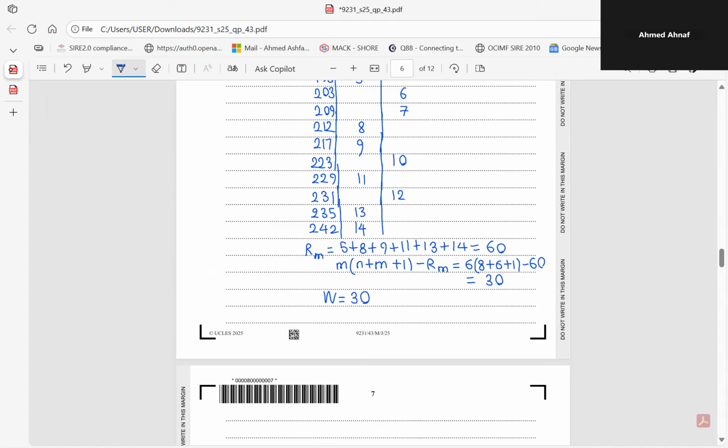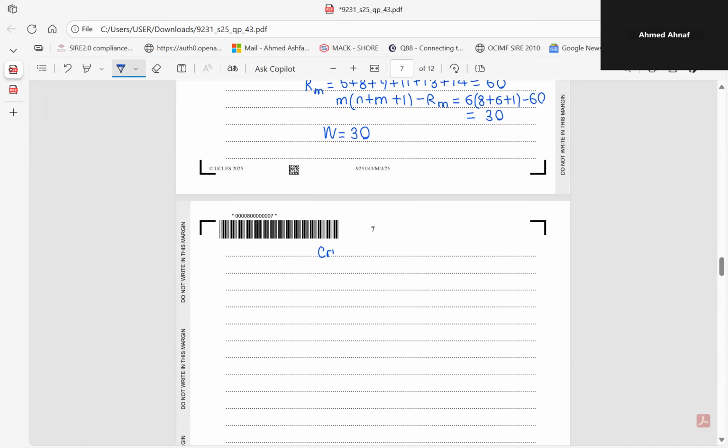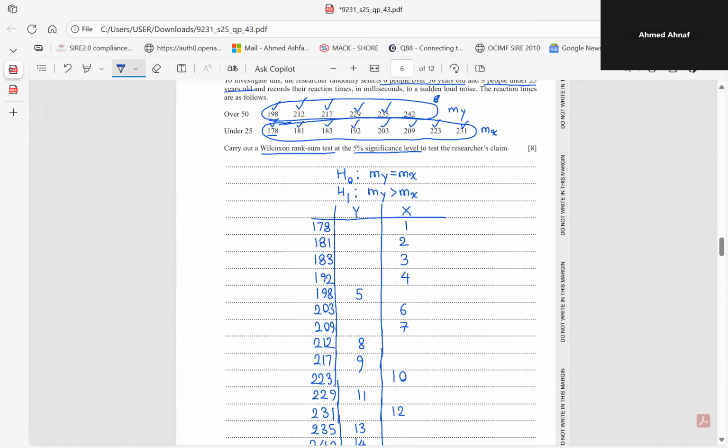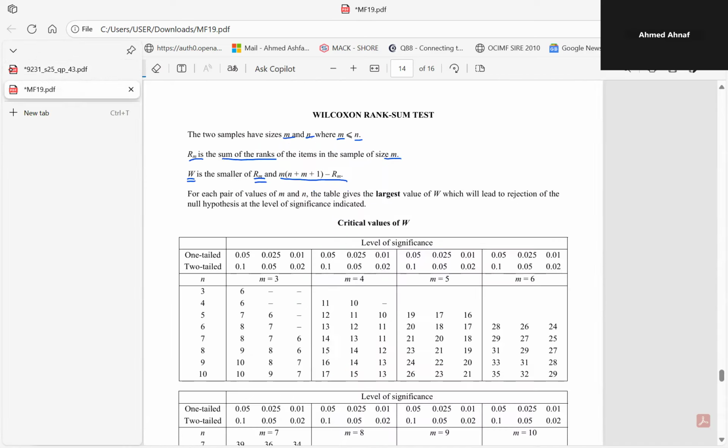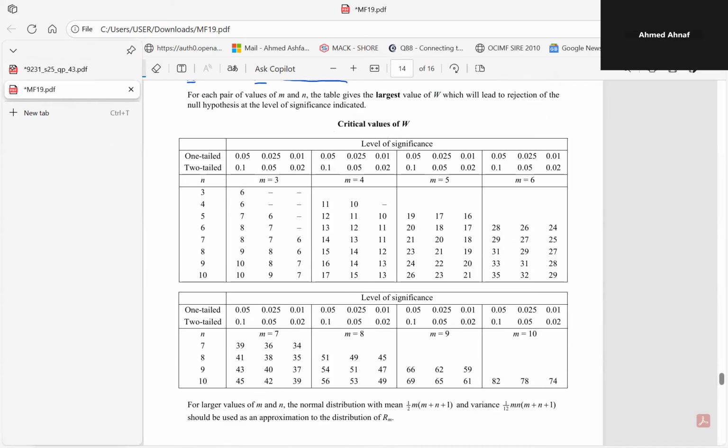Now we need to find our critical value. To find the critical value, we need to know whether our test is two-tailed or one-tailed. As I said previously, it's one-tailed. You can head back to that part if you want the explanation. Our level of significance is 5%, so 0.05, one-tailed.